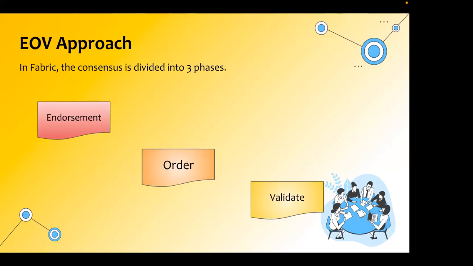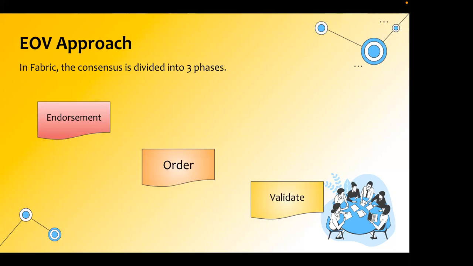Here one concept will come, the endorsement policy. Endorsement policy defines the minimum endorsements you need for a particular transaction. Let's say I have a network with three organizations, and in all three organizations two peers are there, so a total of six peers, plus one ordering organization.